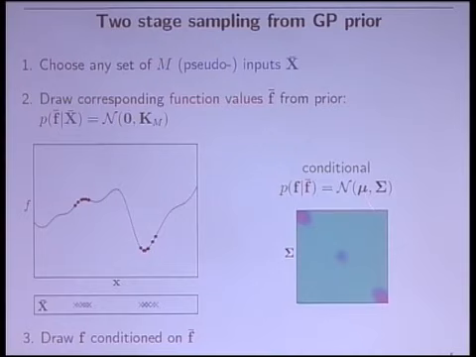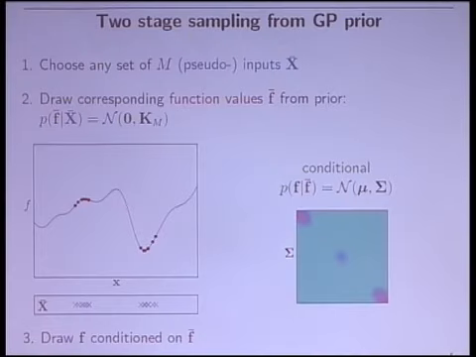Here's the conditional distribution, or at least this is the conditional covariance matrix for this particular positioning of pseudo-inputs. So we see that there are two gaps here in the correlation where we've already observed these points. There's no covariance left, and then there's some growing covariance in the middle and at the outside to generate the rest of this function.